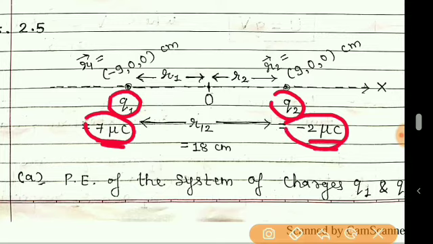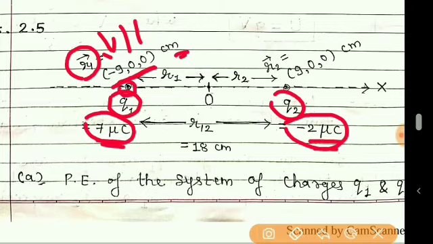Positions of these charged particles are also given. One has position -9, 0, 0 centimeter. Means here only the x coordinate is there, y and z coordinates are 0. Means this point is on the x-axis.